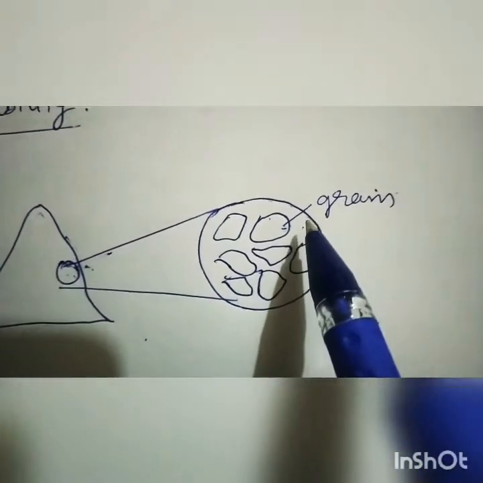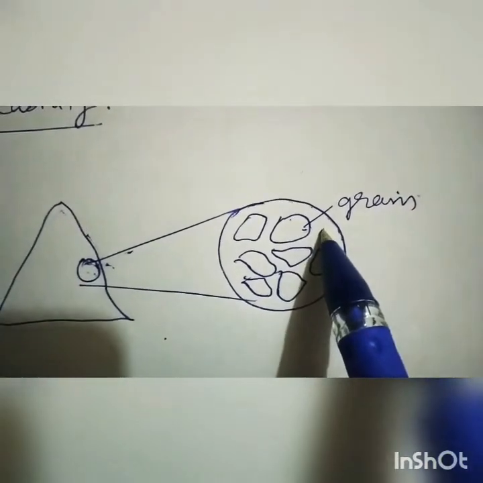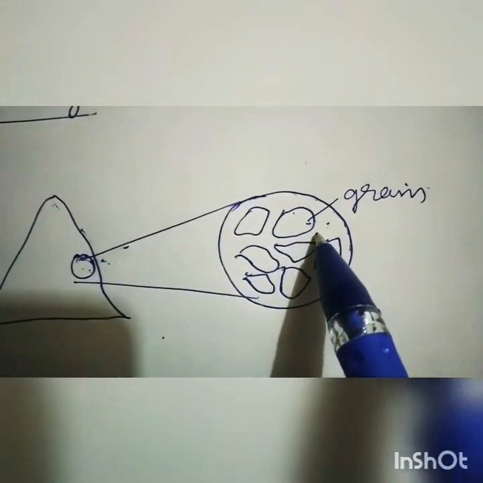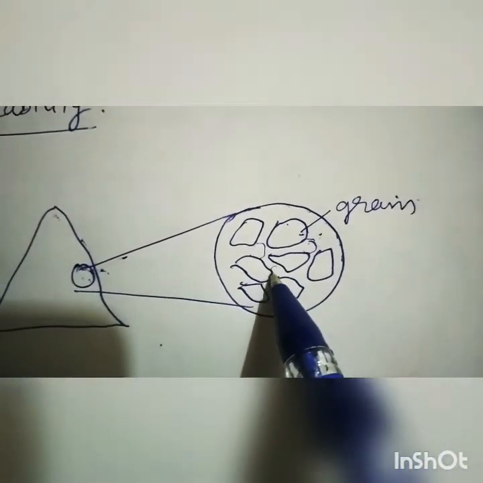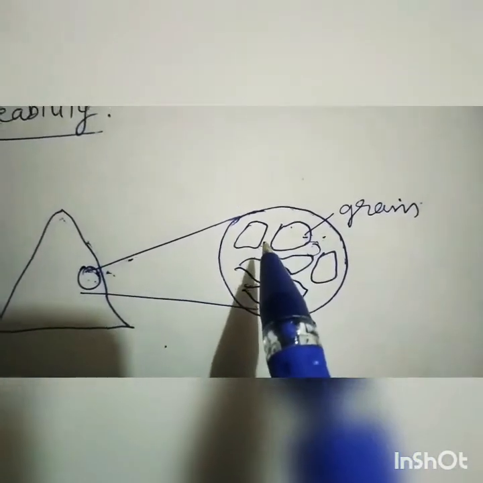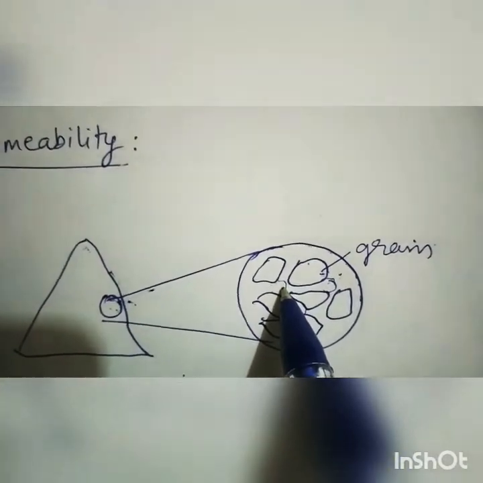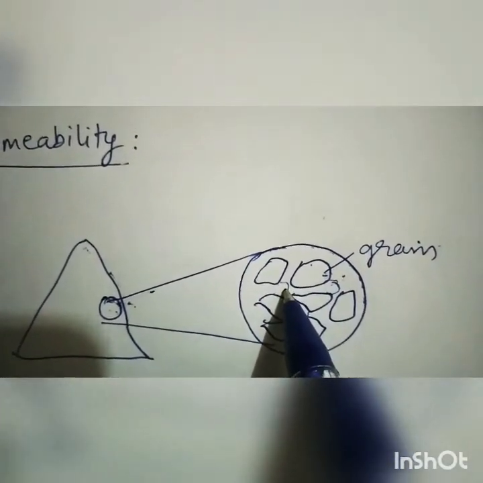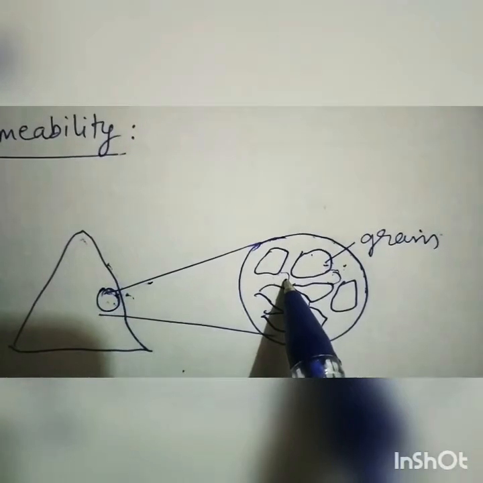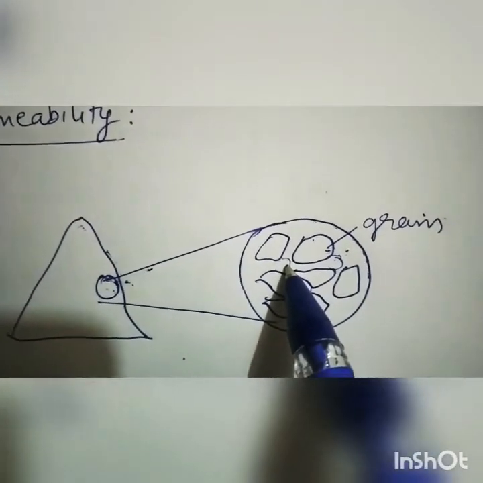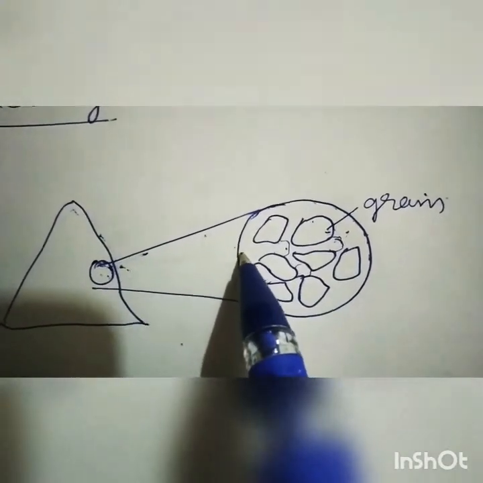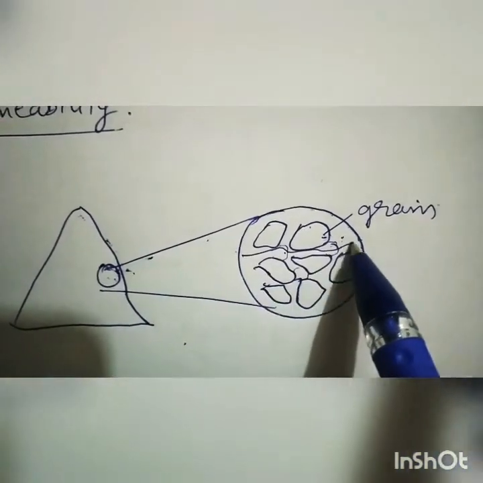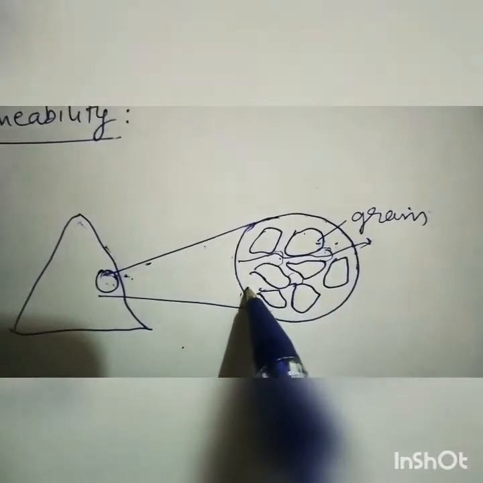These grains arrange themselves in such a manner that they have these gaps between them, which are also known as voids. And these voids interconnect and form a highly complex network of irregular tube-like structures. If water is going to flow, it will flow like this. It will find a way somehow.